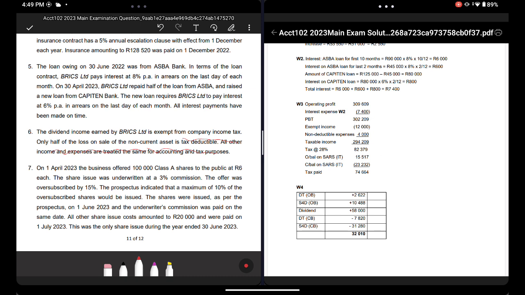Expenses you minus, so to reverse it, you plus. So you're basically taking it out from this figure. Then you get taxable income. This is how much money you need to get taxed. Times this by the tax rate, which is 28%, and you get this figure.